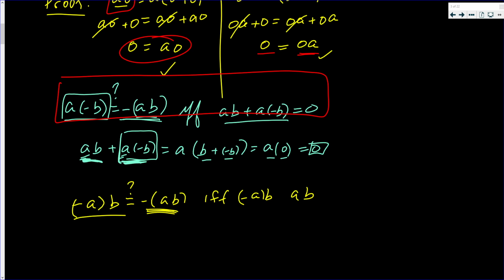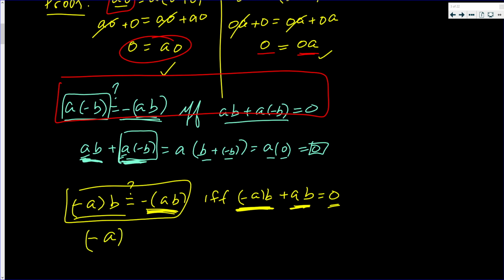Sorry. Plus ab equals 0. So here's my ab, and I'm taking a inverse. I claim that's negative ab. This is negative ab, at least that's what we want to show. And I'm adding the ab to it, and I should get 0.